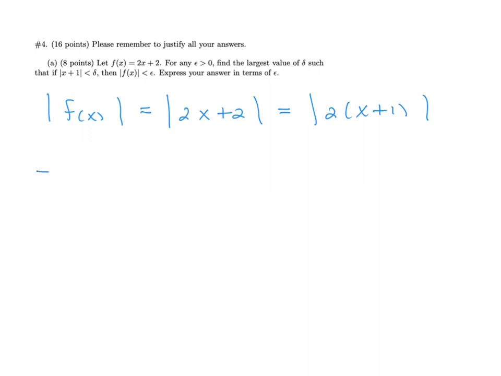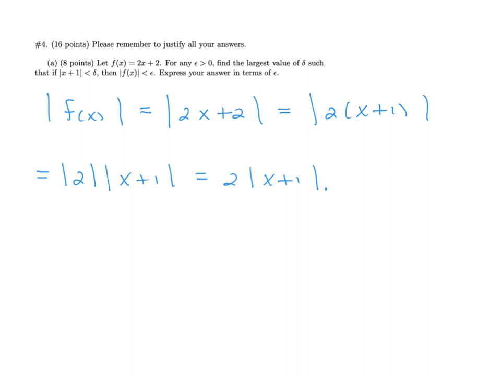You can split that into the absolute value of 2 times the absolute value of x plus 1, and I don't need the parentheses around it anymore. Now here, the absolute value of 2 is just positive 2, and it's being multiplied to the absolute value of x plus 1. Now, since we want the absolute value of f of x less than epsilon, and this is equal to this, we can say this must be less than epsilon.